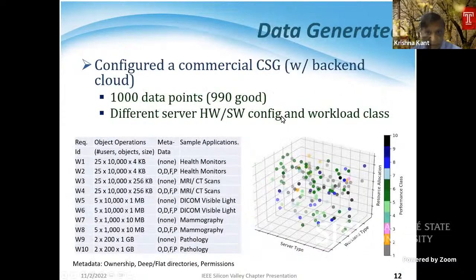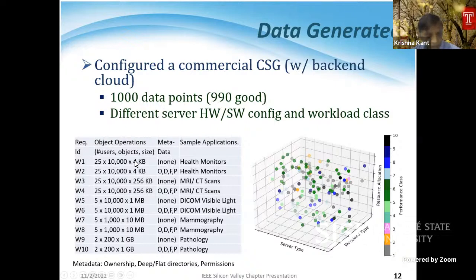Okay, so we actually took a commercial CSG product, and on the back end, it went to a cloud. And we ran a bunch of applications. And here are the applications that we ran. There are 10 different types of applications, and these are all healthcare applications.